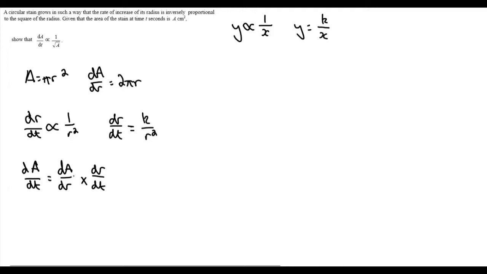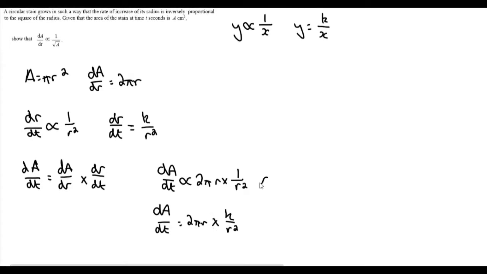It is therefore just a matter now of, if you took the first option, you would be writing this as dA over dt is already just proportional to the 2 pi r times by 1 over r squared, or you would be writing that dA over dt equals 2 pi r times k over r squared. In either case, then that'll either be proportional to 2 pi over r or equal 2 pi k over r.